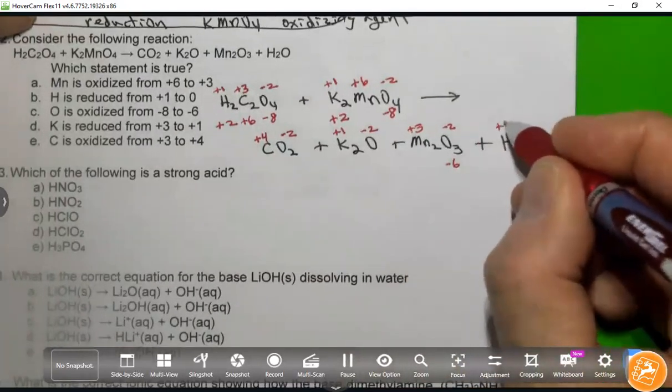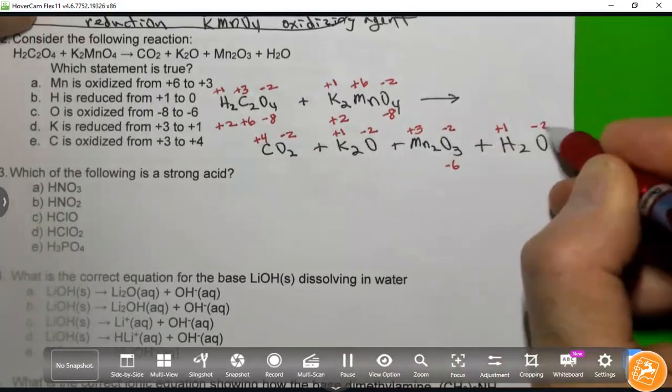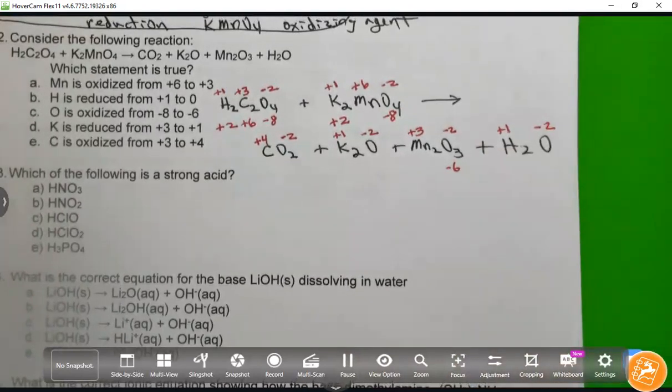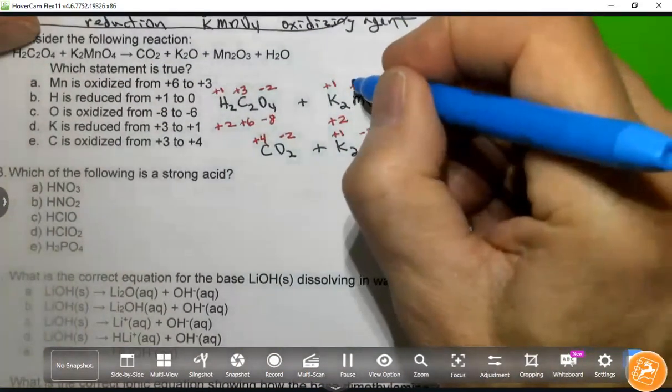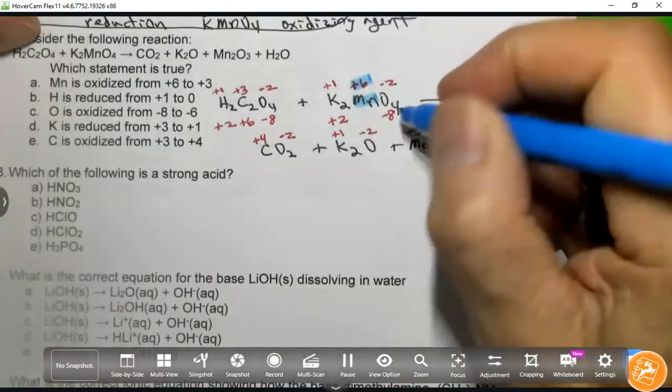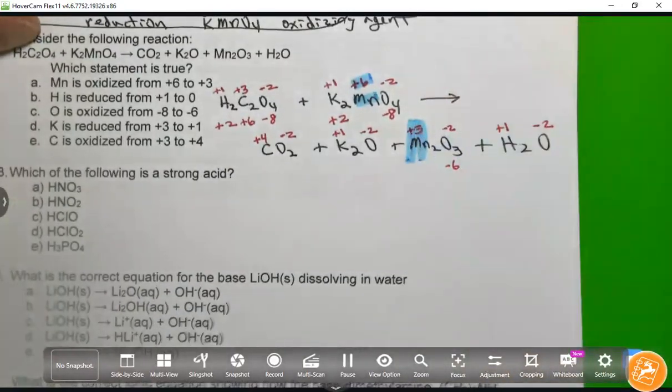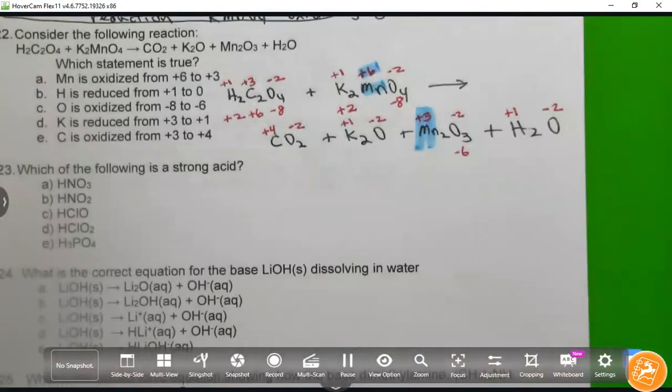And then we have +1 here and -2. Okay, so now we've got manganese for sure, +6 to +3. And what else?